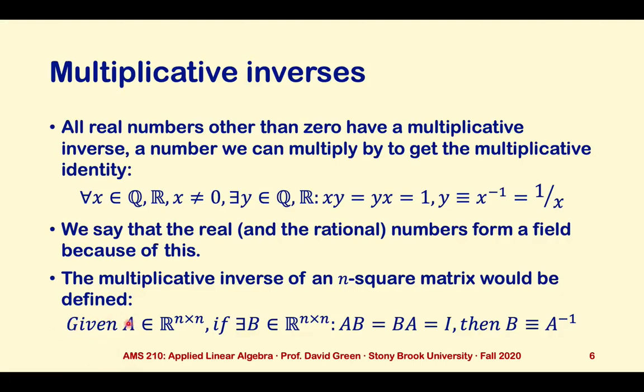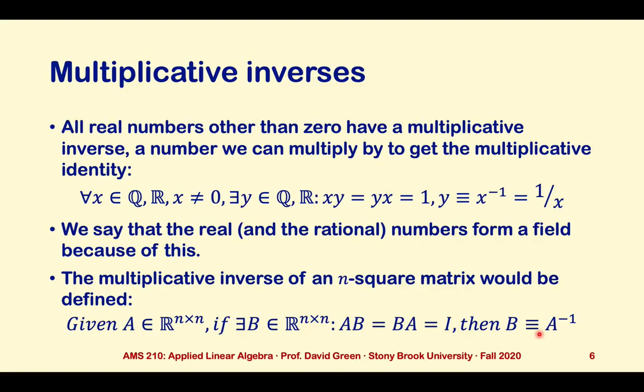Given some square n by n matrix A, if there exists some matrix B that's also a square matrix, such that A times B equals B times A equals the identity, replacing the one with the identity here, then we might define B as being the inverse, the multiplicative inverse of A. Right?